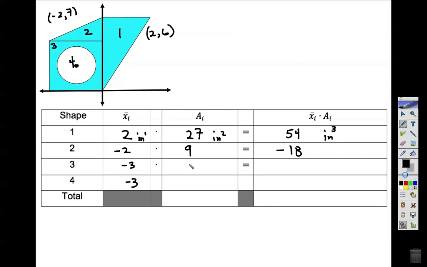-3 times 36, that is -108. And -3 times -12.566 is equal to -37.698.